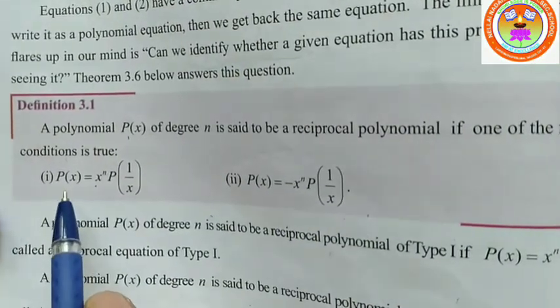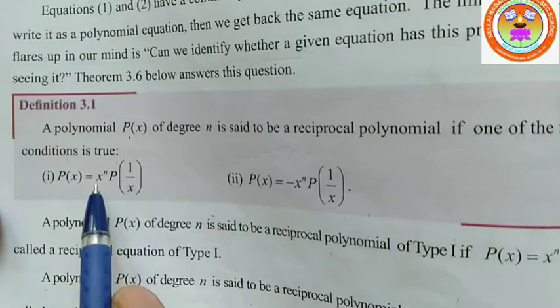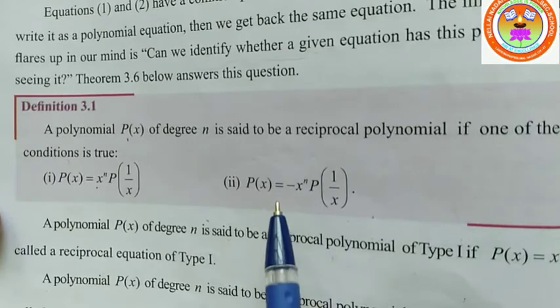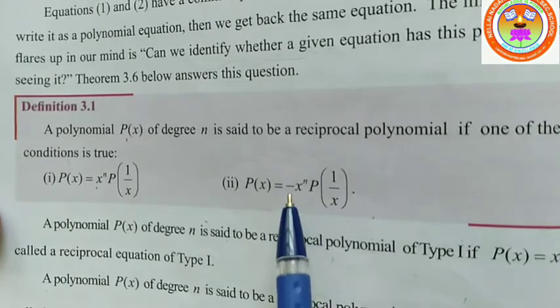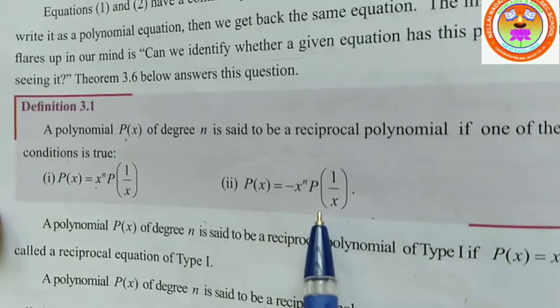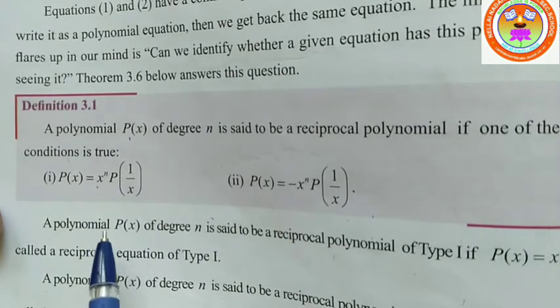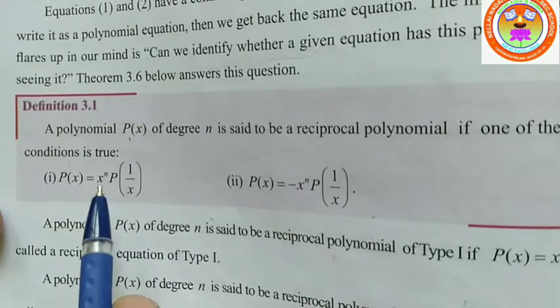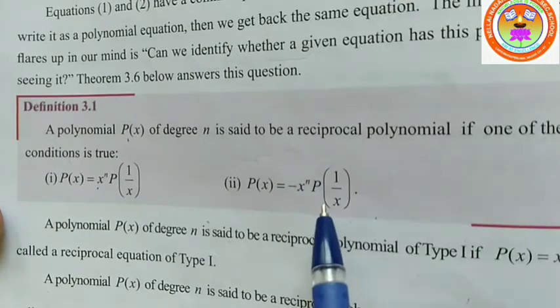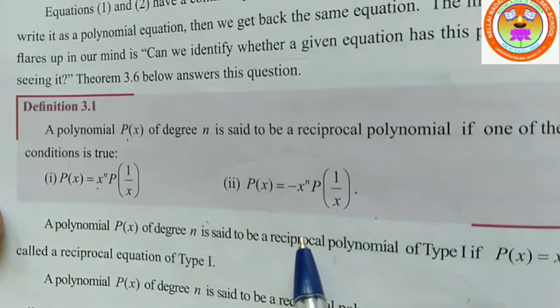One is p of x is equal to x raised to n into p of 1 by x. Another one, p of x is equal to minus x raised to n p of 1 by x. This is of type 1. Reason is even degree. The second one is of type 2.